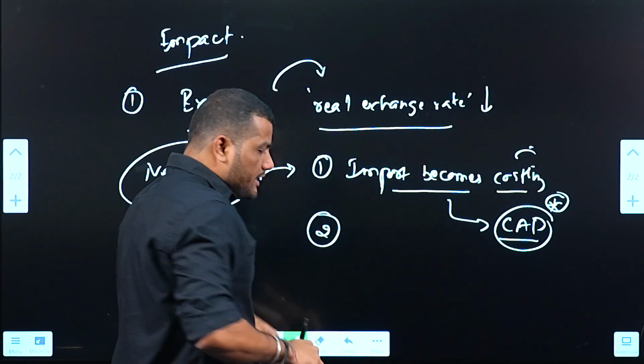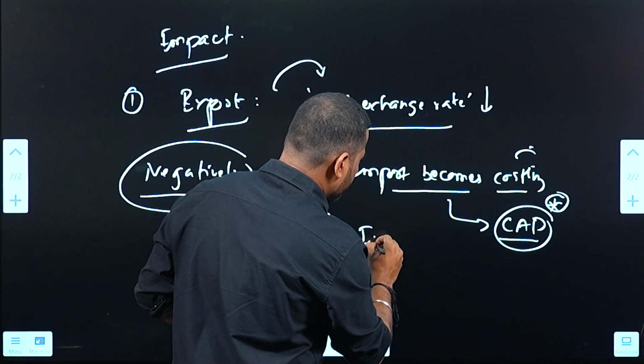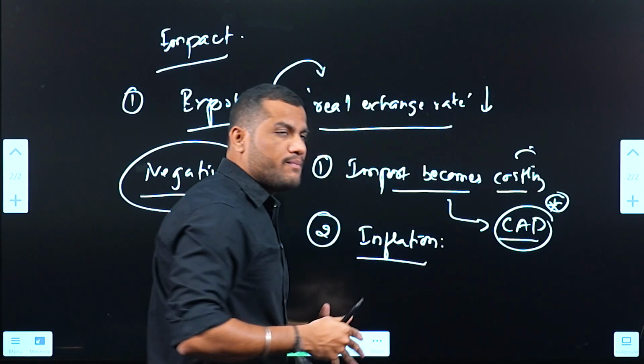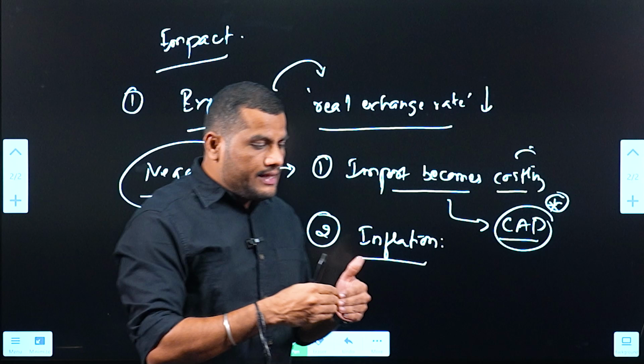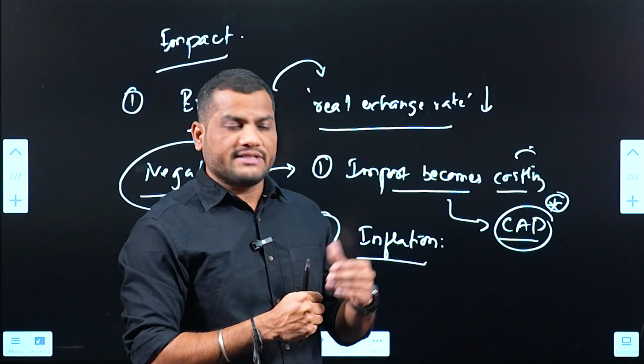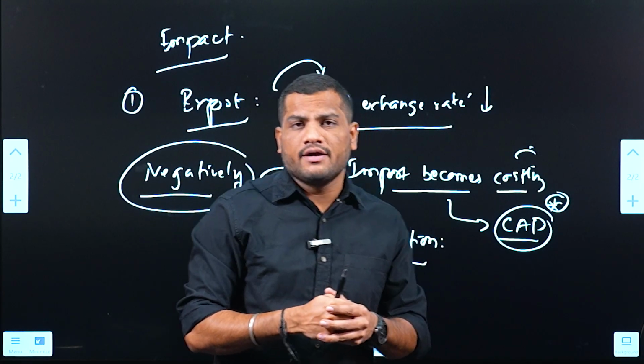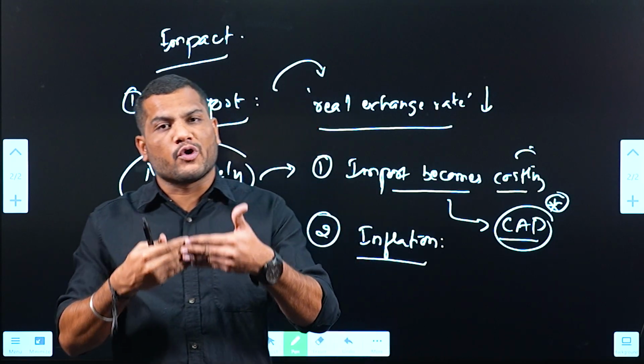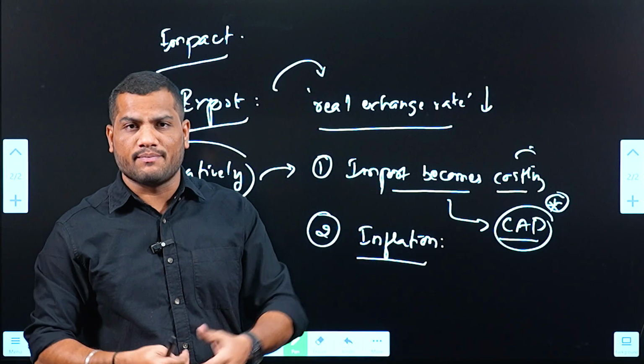And also, the depreciation of the rupee will be seen in terms of inflation, meaning it will create inflation in the Indian market. How? Because the rupee has depreciated, we have to pay more rupees to buy goods in the Indian market.